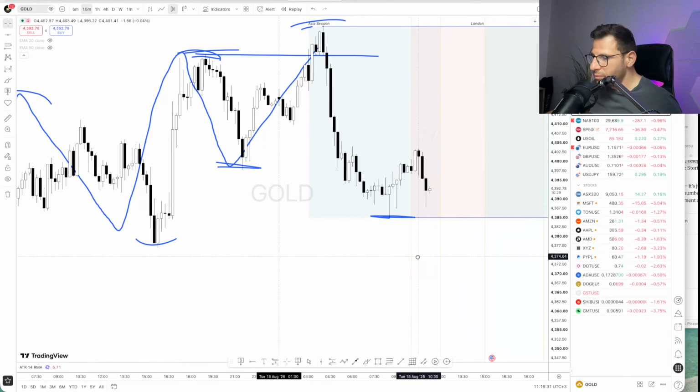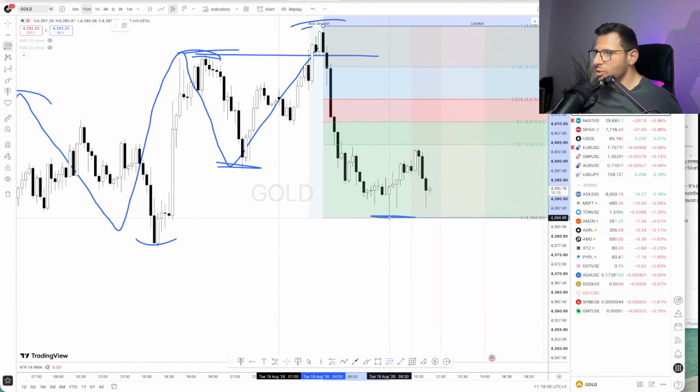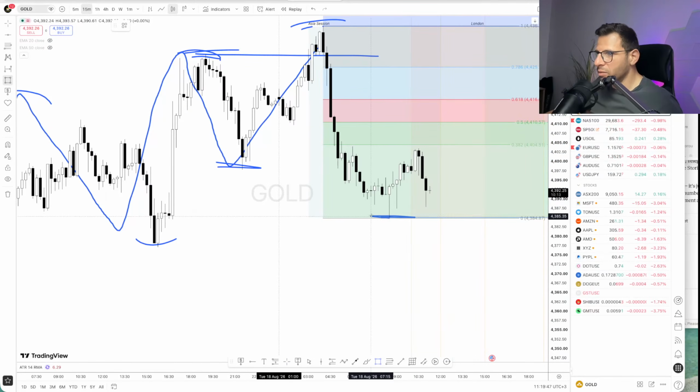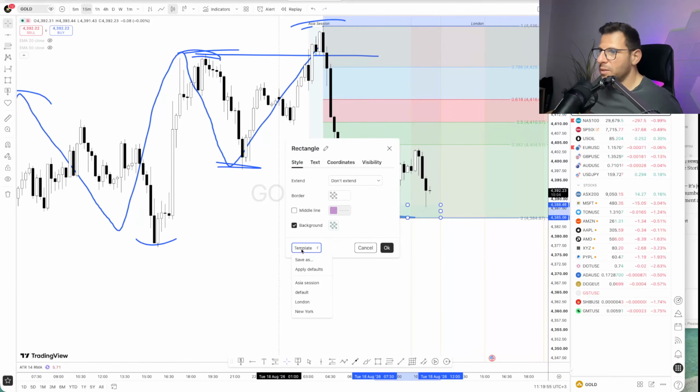So where do I want to get into? Let's draw some Fibonacci. The price rejected this area a little bit. I'll plot a rectangle around these levels. And that's my default one.